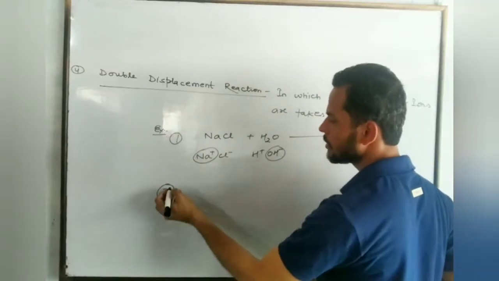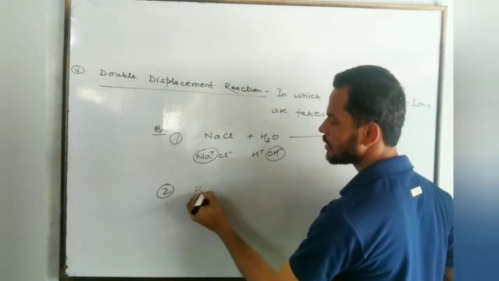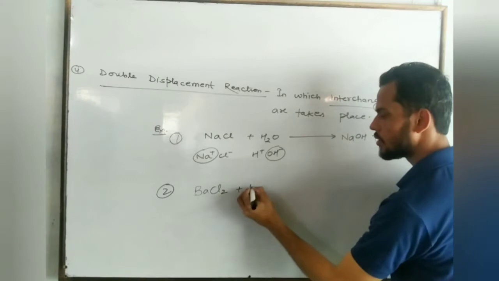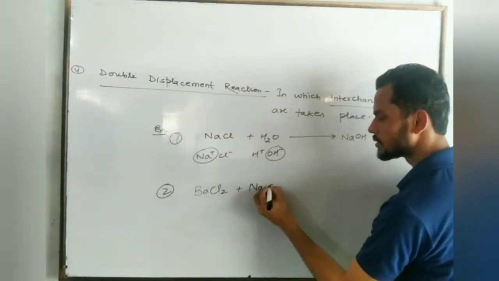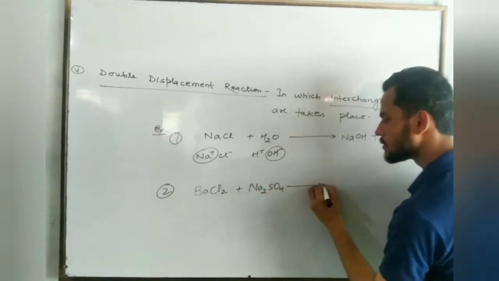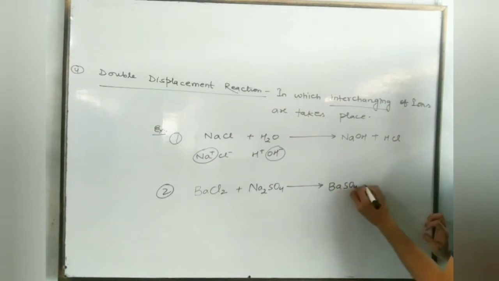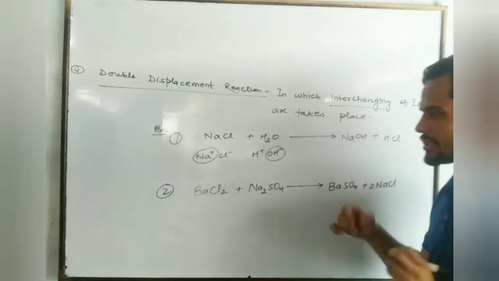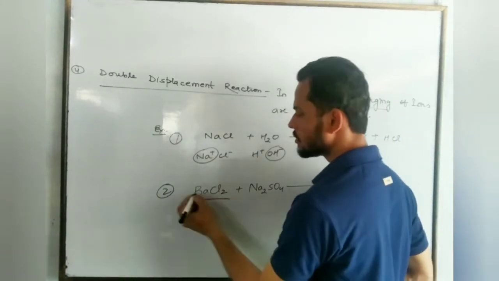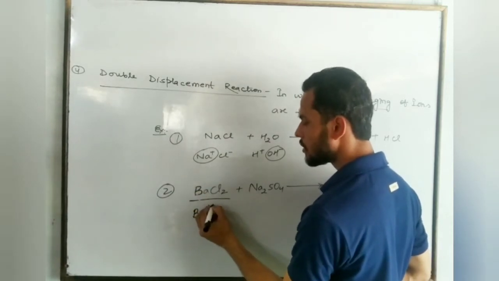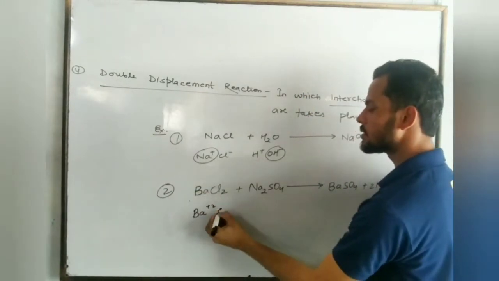For another example, second example, when BaCl2 reacts with Na2SO4, sodium sulfate, then it gives BaSO4 and 2NaCl, because in this reaction BaCl2 contains Ba positive 2 and Cl negative.